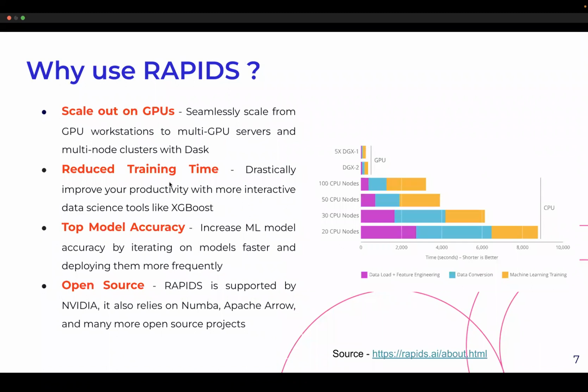Then the reduced training time, so we can improve the model accuracy as well as reduce the training time. That is possible using these Rapids APIs, and it is open source. It is supported by Nvidia, and it relies on a number of open source projects, as I mentioned before. One of them is Apache Arrow, and the other one is Numba. Numba is an open source Python compiler.